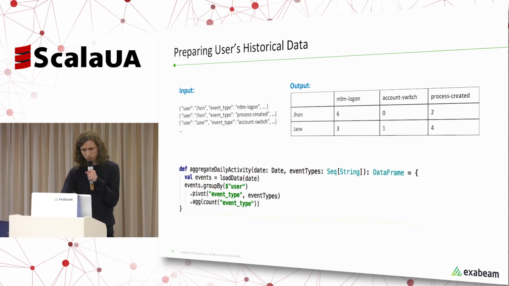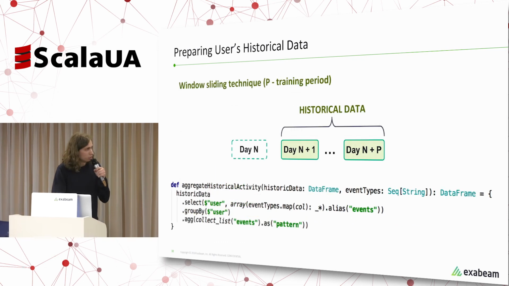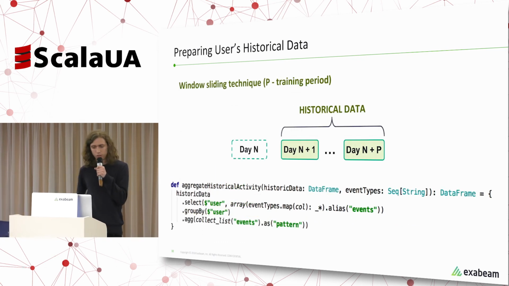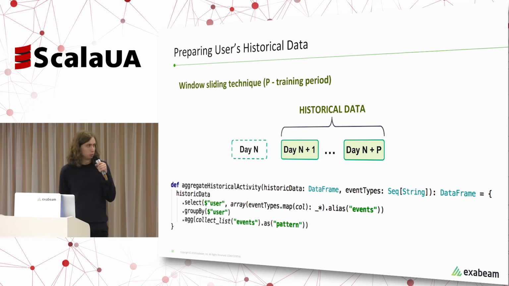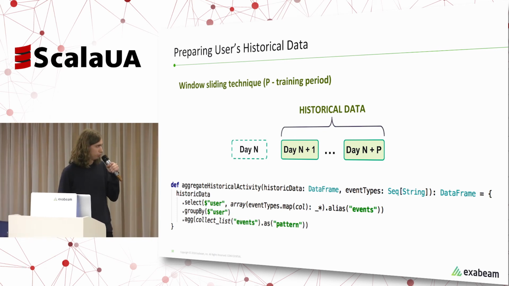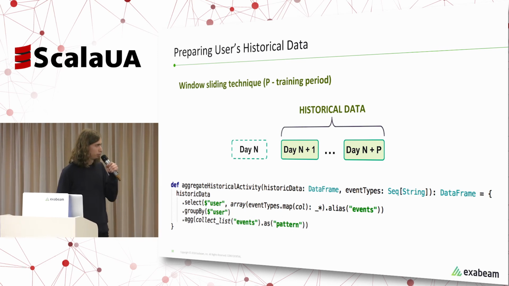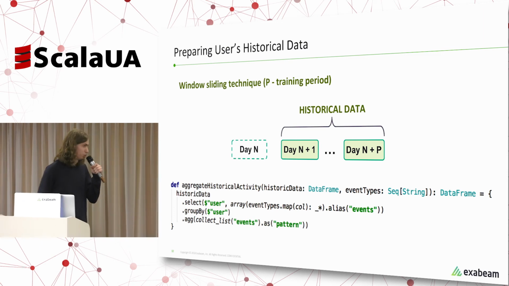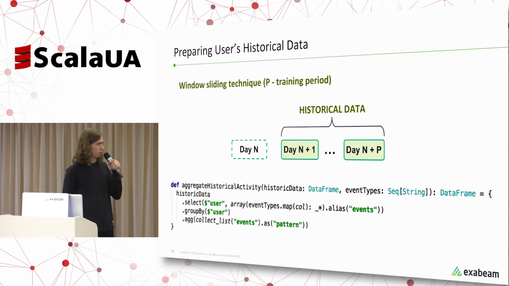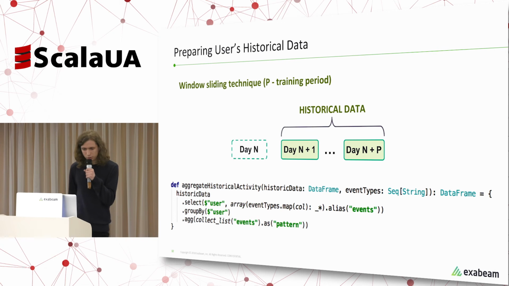Now we want to combine all of these vectors into a historical matrix. But we need somehow to get all of those vectors for each date in our training period. Here we can apply a technique called the sliding window technique.